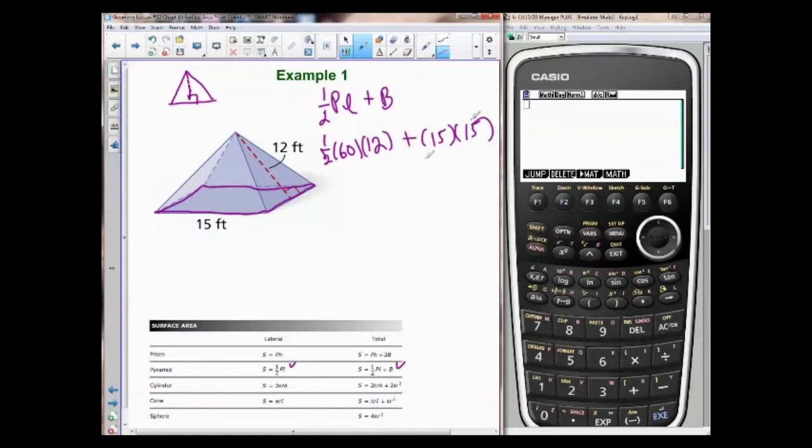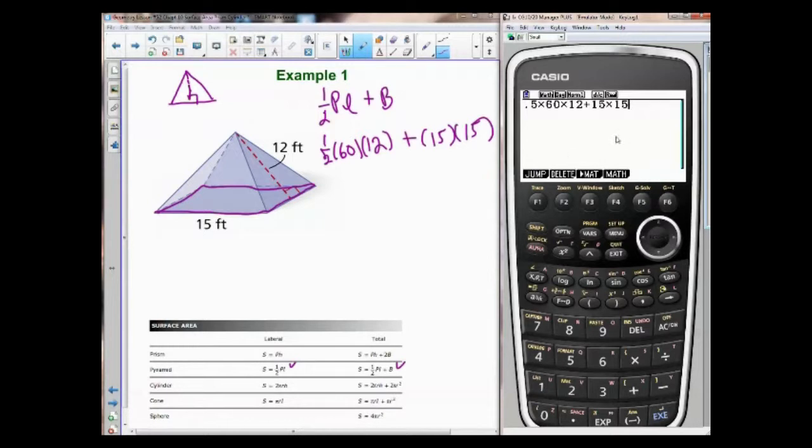And again, we could put this in the calculator, my handy dandy Casio. So I'm going to do 1/2 of 60 so I don't have to double type, but tell you what, I'll do the whole thing. 0.5 times 60 times 12 plus 15 times 15. Don't do this on a lot of the cheaper calculators, especially our baby calculators.